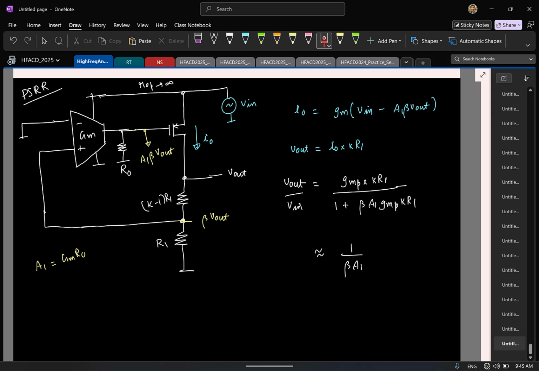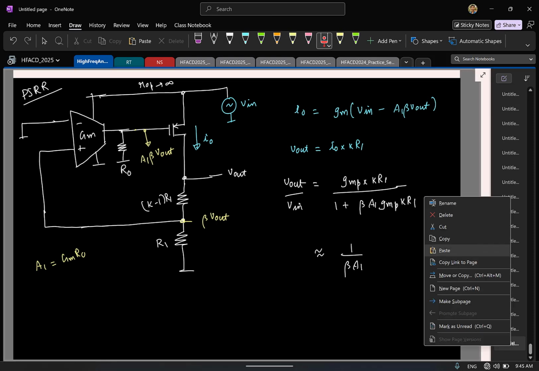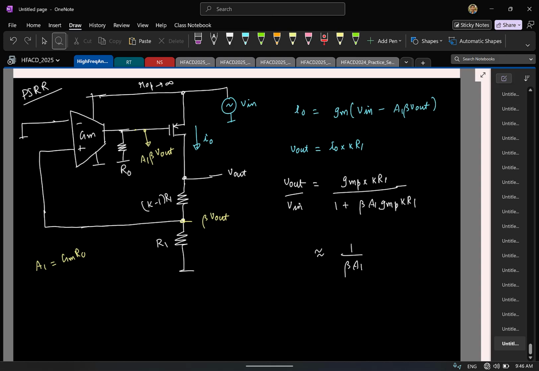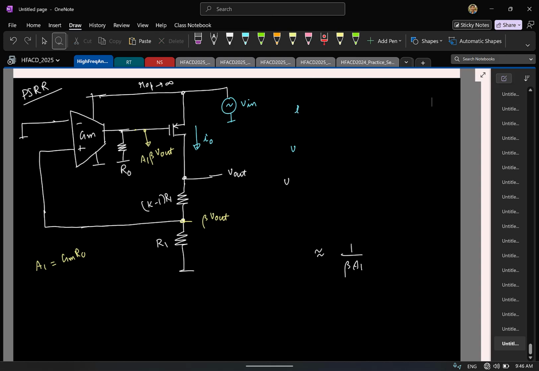But now let's see how this looks with all capacitors. We'll get a qualitative sketch. This is the result at DC.